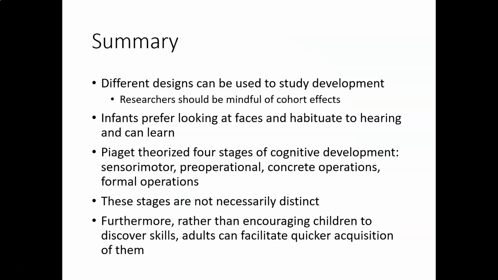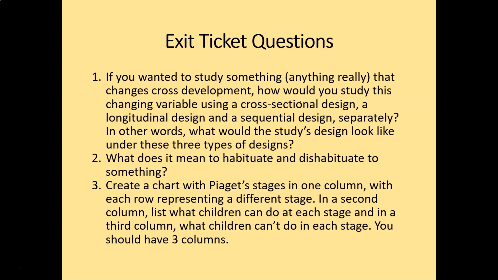So that's it for this lecture. And here are your exit ticket questions. I just wanted to point out for number 1, it doesn't matter what kind of developmental feature you choose to study. It can be reading, it can be writing, it can be riding a bike, whatever you want. But what I want you to do in this particular exit ticket question is describe each of the designs we discussed, how they would be structured if you were studying that developmental feature you've chosen.